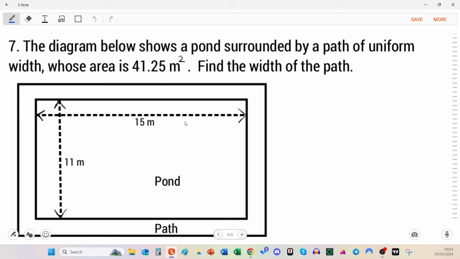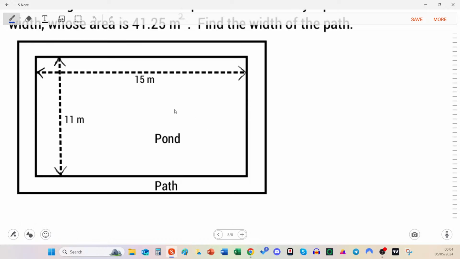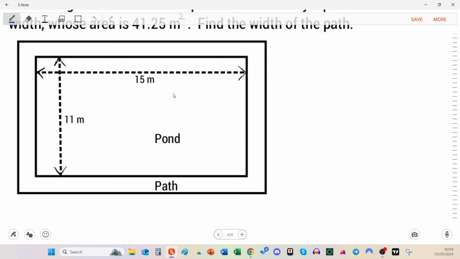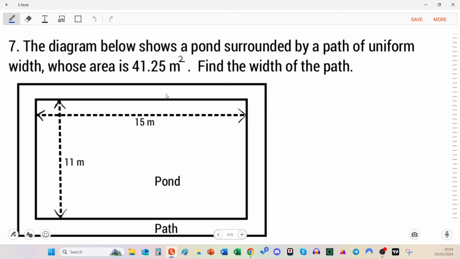All right, so this is a real life question. I've not done this question. I made it up, and I think it's quadratic-y. But let's see, shall we? Okay, so the diagram below shows a pond surrounded by a path of uniform width. Its area is 41.25.